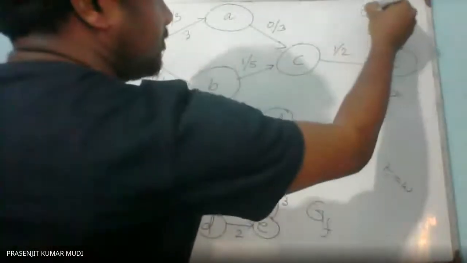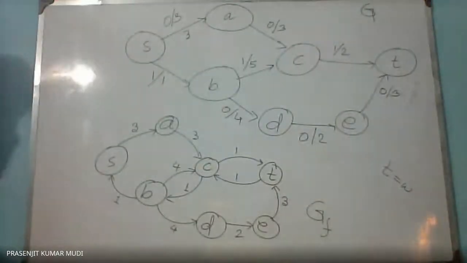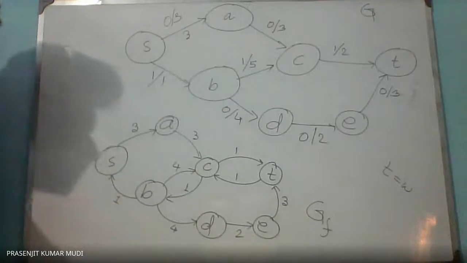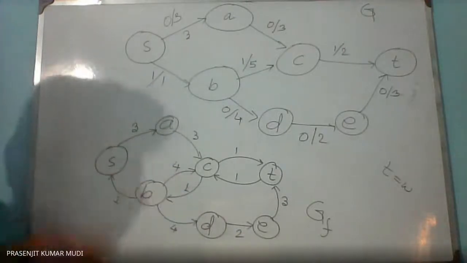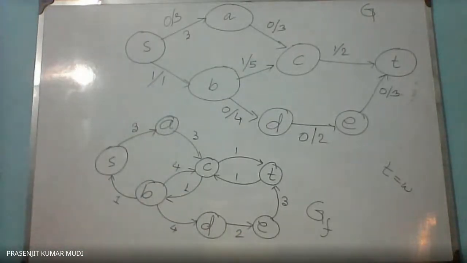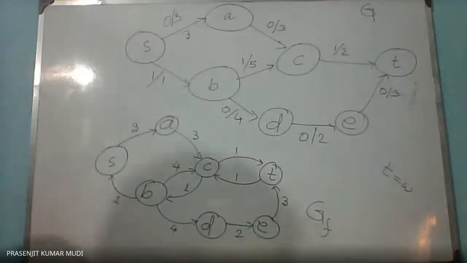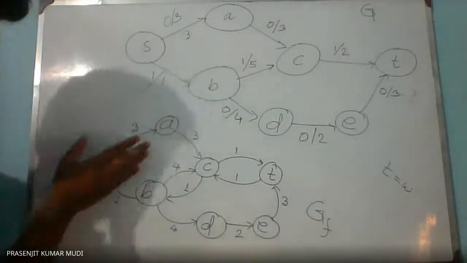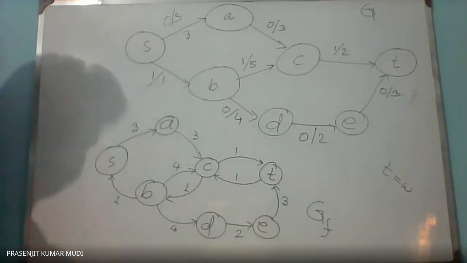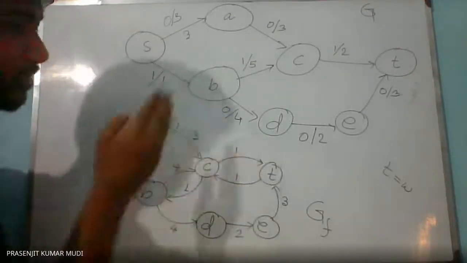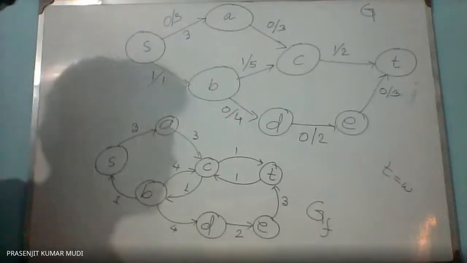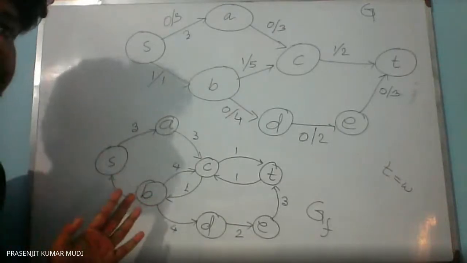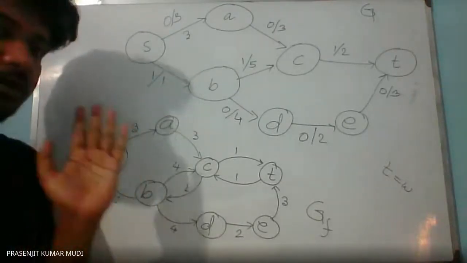So this is G, and this is G_f. Now in this G_f residual network, from the source towards the sink, we want to find out all the possible paths.